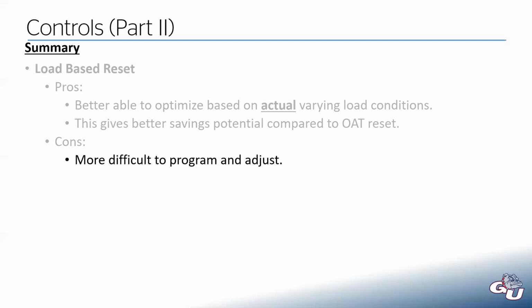If you can imagine a building that has 300 VAV boxes, now your control system has to be smart enough and powerful enough to look at all 300 of those boxes and see what's my active damper position at every one of those boxes, and then adjusting the program to serve the worst case condition.